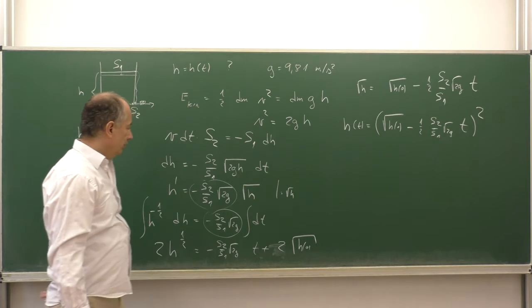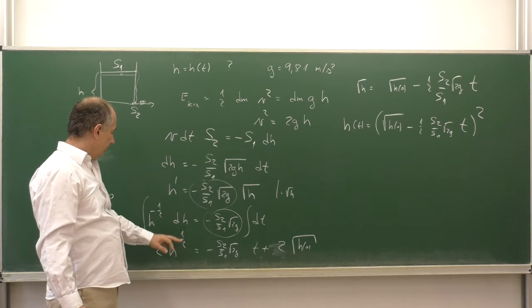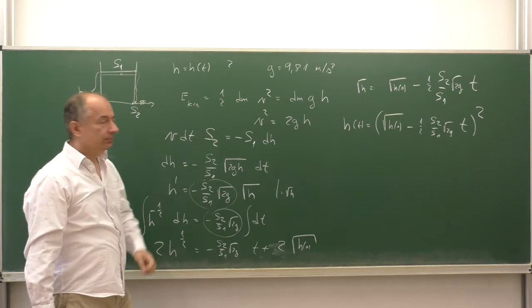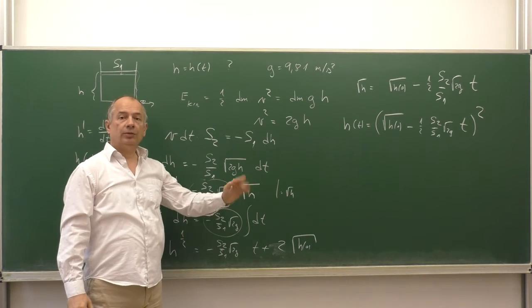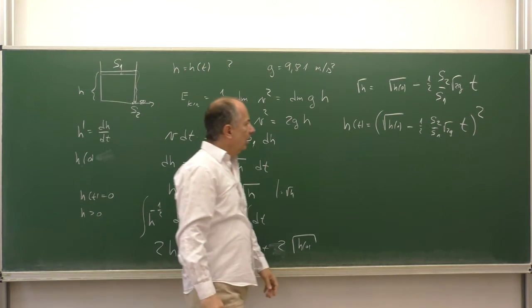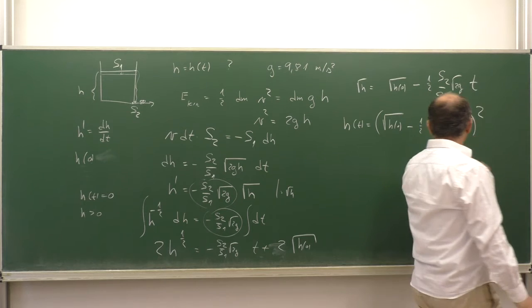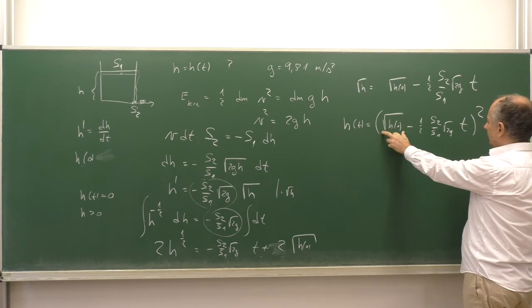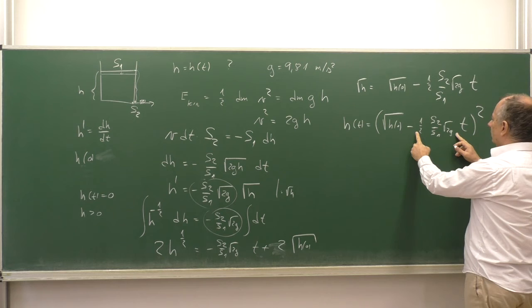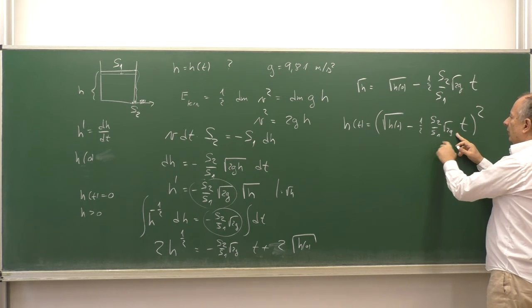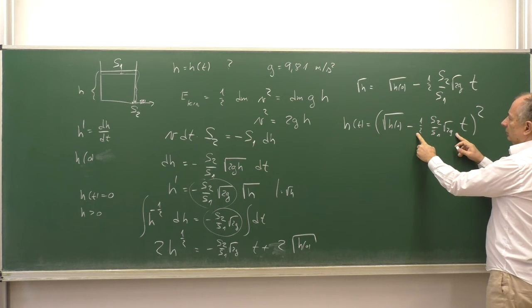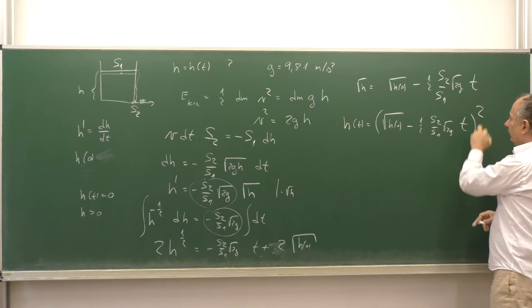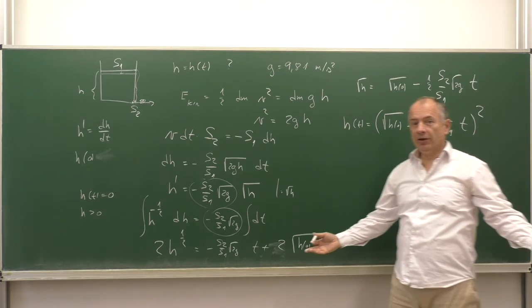So this is the solution to this differential equation that describes flowing out of the water out of the reservoir. It looks complicated, but this is a constant given by the initial situation. This is a constant describing the geometry and the gravitational field. So this is just constant minus constant times t, square of that. Quadratic function.